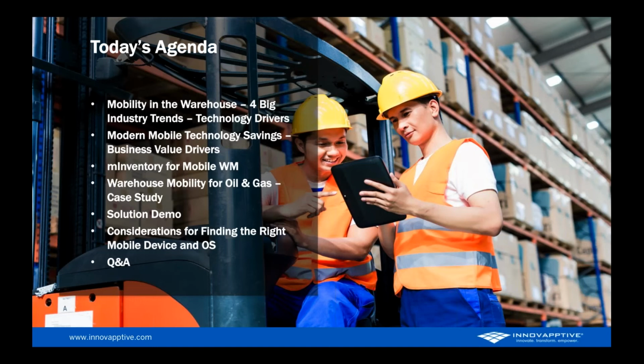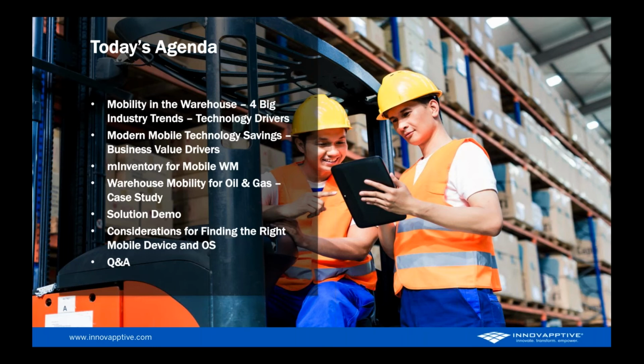Just by way of introduction, this is the agenda that we're looking at today. We wanted to start off by going through some of the big industry trends that we've identified, and then look at some of the business drivers that support the adoption of mobile technology. We'll then look at Innovapptive's M-Inventory solution, which is an example of a mobile application that can be used in the warehouse.